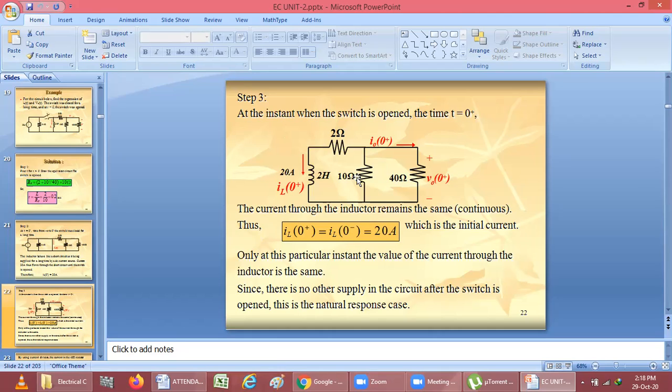So we can take IL 0 plus equal to IL 0 minus equal to 20 ampere.